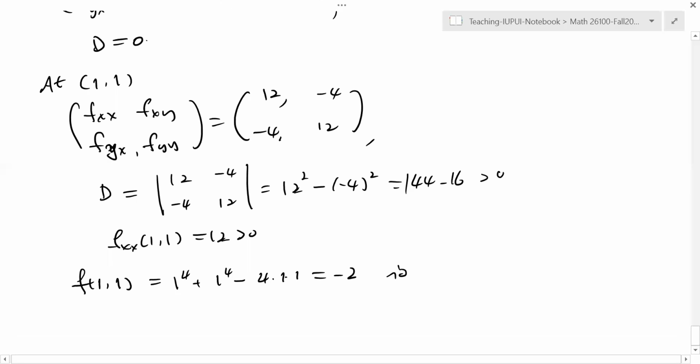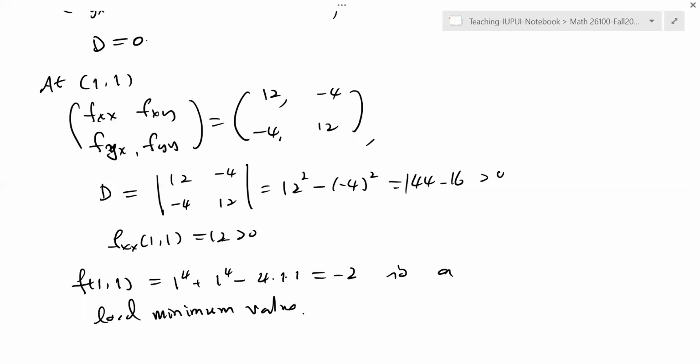This is going to be a local minimum value, because this is positive definite. We simply write like that. This is positive definite since you have these two conditions satisfied.